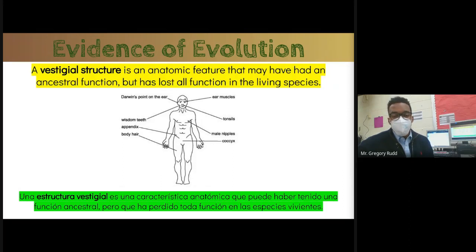We can wear jackets and coats and pants and boots and long socks to stay warm. But our ancestors may not have had that ability. So the body hair was a primary source of protection from the cold for them.